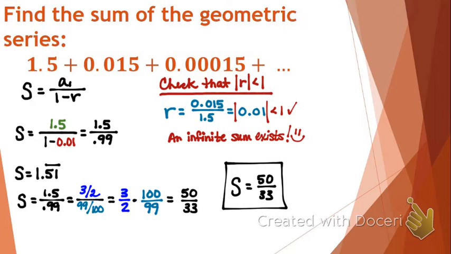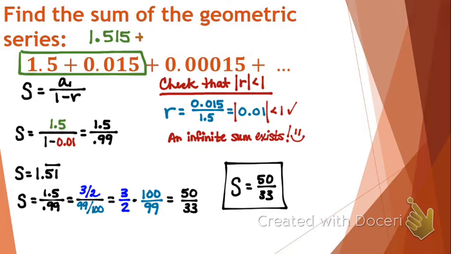What happens if I add these two? $1.515, right? And then it has this plus 0.00015.